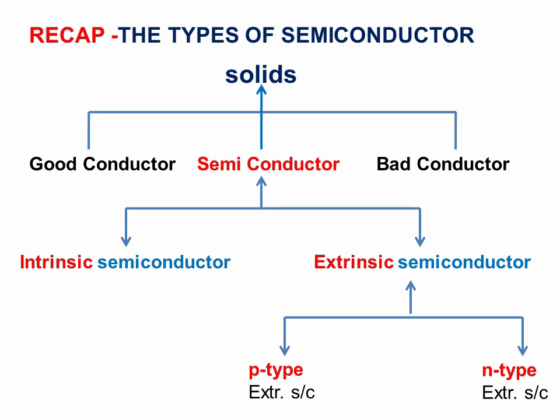The semiconductor, further it is classified into 2 based on purity, that is intrinsic semiconductor, and other one is extrinsic semiconductor. Further, extrinsic semiconductor can be classified into 2, namely p type extrinsic semiconductor and n type extrinsic semiconductor.